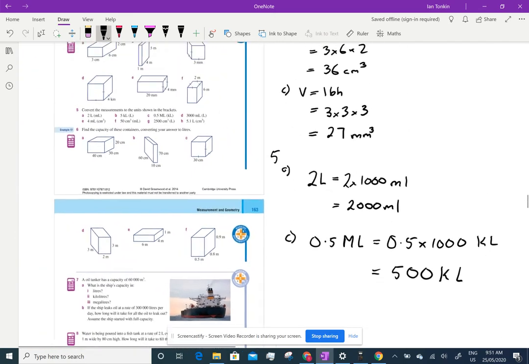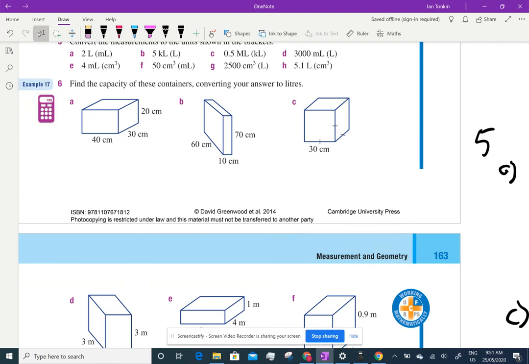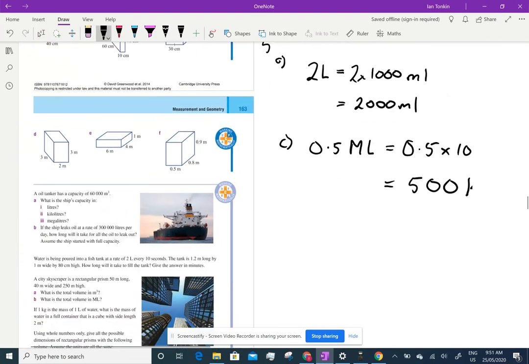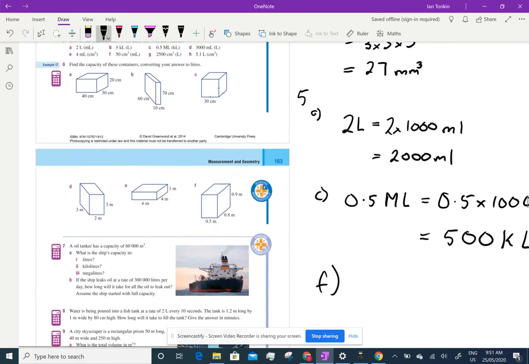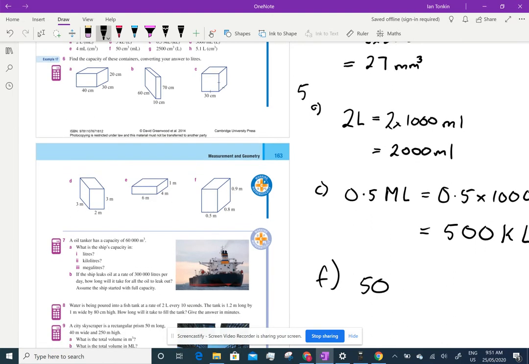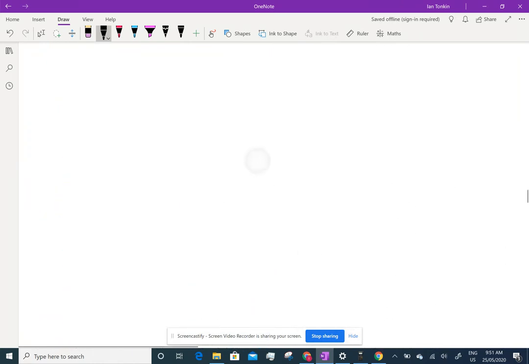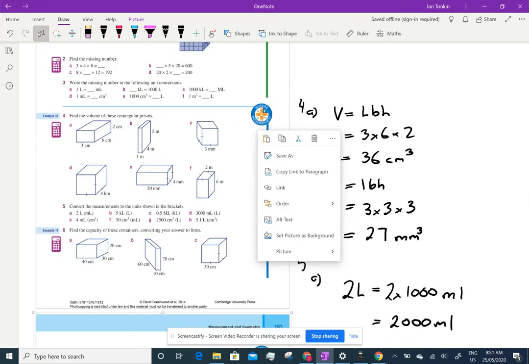Okay, you can do the others, but I'm going to jump now to a unit of measure. So I'm going to convert, I'll do F and H. So F, this time I've got 50 centimetres cubed, and I've got to make that into, what am I converting that to? Sorry, mils.